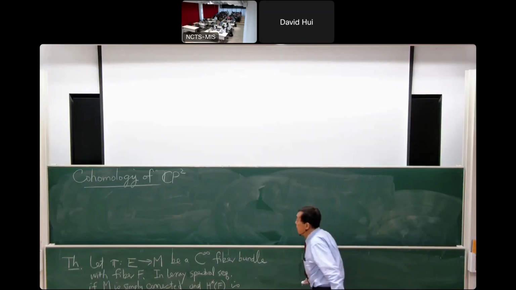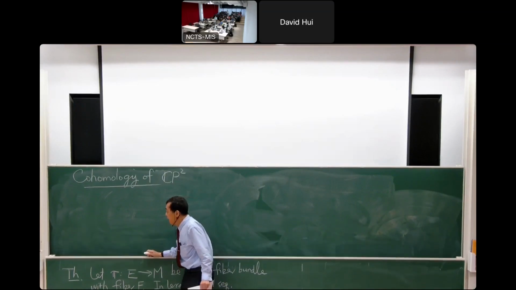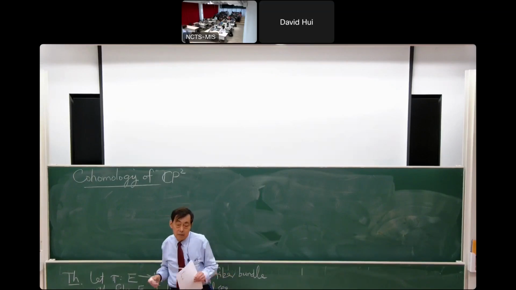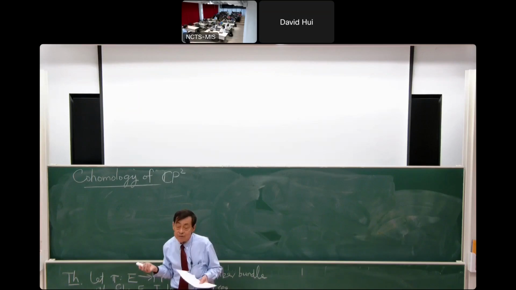Now, there are various ways to define CP^n. You can define it as the set of all complex lines in a complex vector space. So you define an equivalence relation on a complex vector space and take the quotient, just like in the real case.